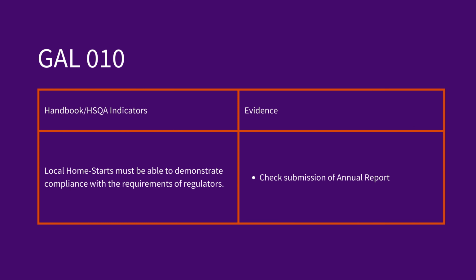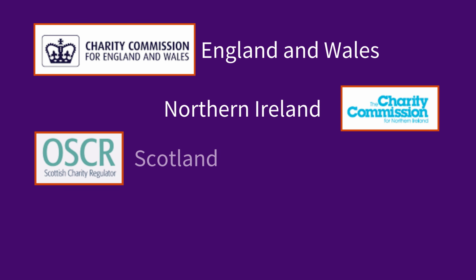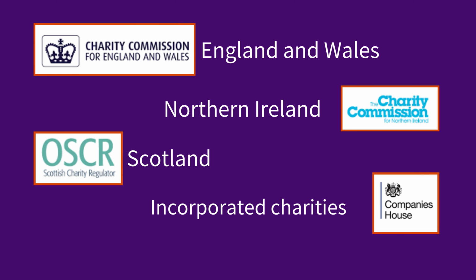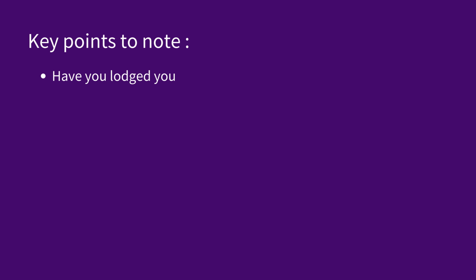GAL 0010. So this is really looking at your compliance with the requirements of the Charity Commission or your regulator relevant to your nation, and if you're incorporated, the requirements of Companies House. So one of the key things with this are, have you lodged your annual returns and accounts on time?